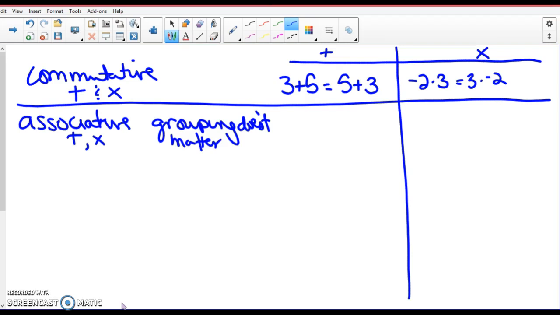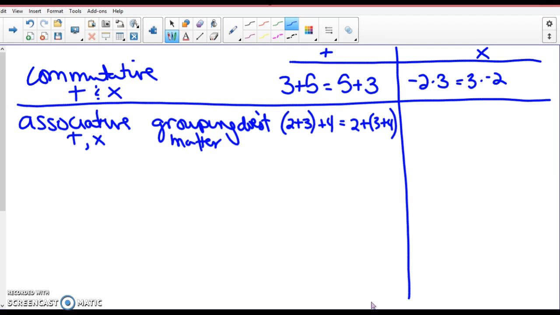Showing this in the adding associative, the quantity 2 plus 3, plus 4 is the same as 2 plus the quantity 3 plus 4.